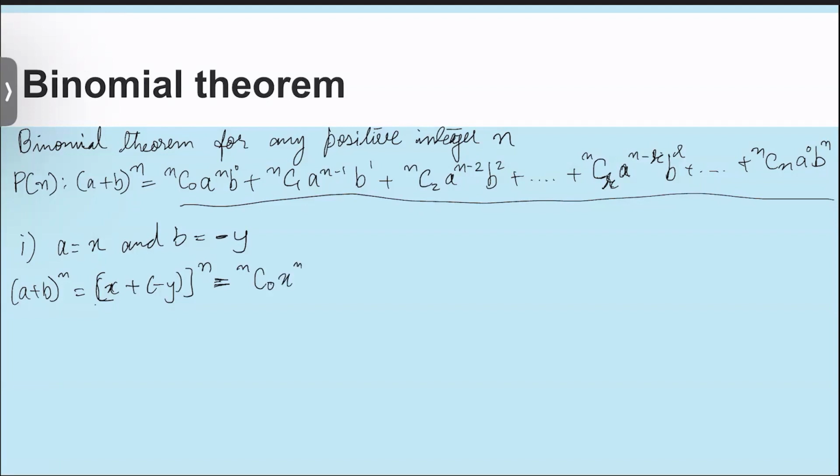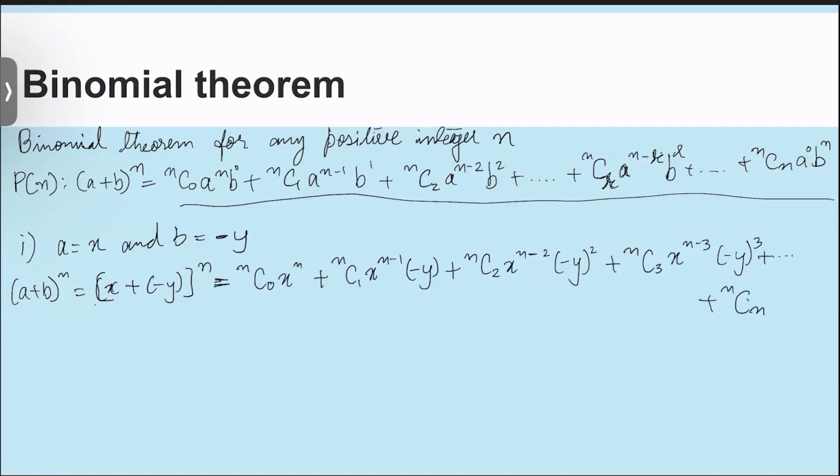We follow the normal binomial expansion and input the values. So nC0 x raised to n, with minus y raised to 0 being 1. Then plus nC1 x raised to n minus 1 times minus y raised to 1, then nC2 x raised to n minus 2 times minus y squared, plus nC3 x raised to n minus 3 times minus y cubed, plus the last term nCn times minus y raised to n. So this is what we get.